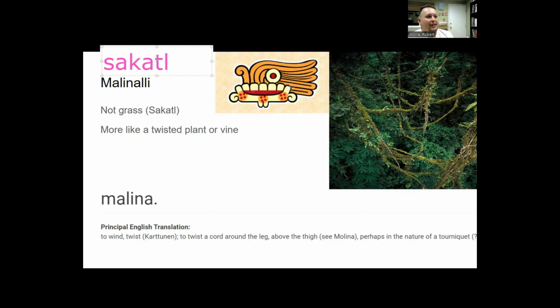Well, that comes from the Nahuatl word sacat. And so sacat is grass, like zacate. And so I started thinking, well, if sacat is grass, then it doesn't make sense that malinali would also be grass, right? And so I started to wonder about that.